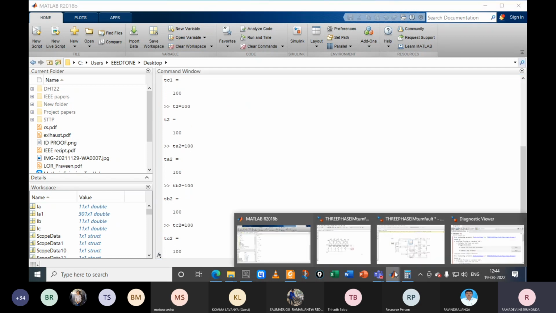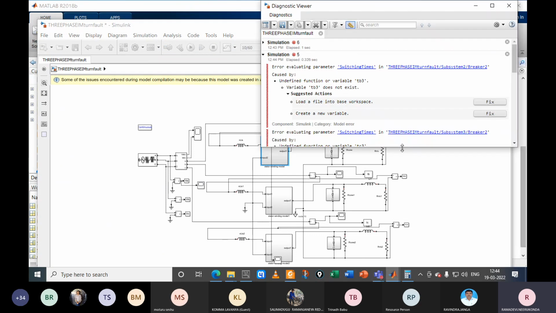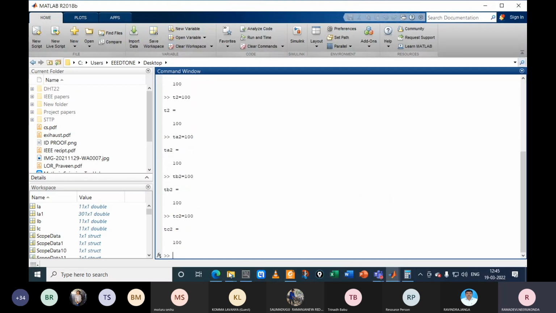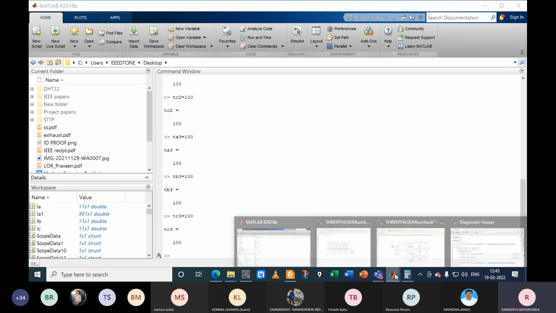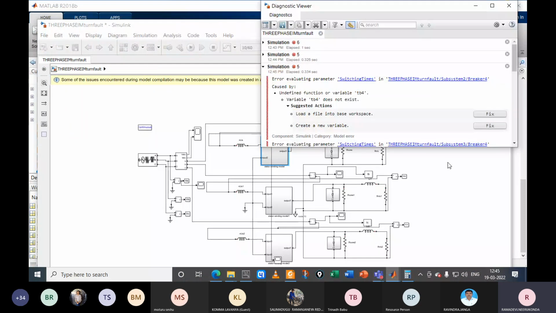So now we once again simulate this and see if there is any error. TB3 is there. So that means line to line faults and line to ground faults are also represented in this system. So TA3 equal to 100 and TB3 equal to 100 and TC3 equal to 100. Okay, so now we simulate this.